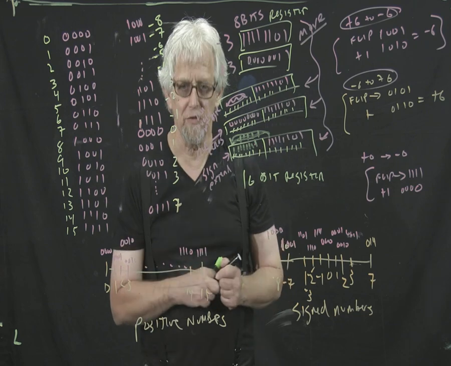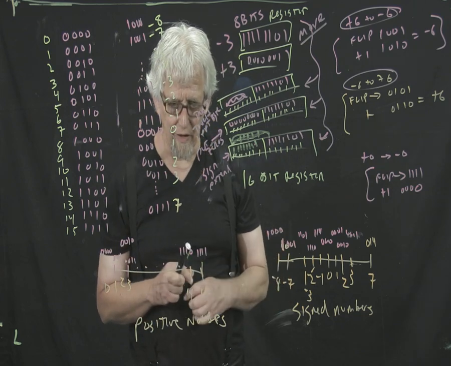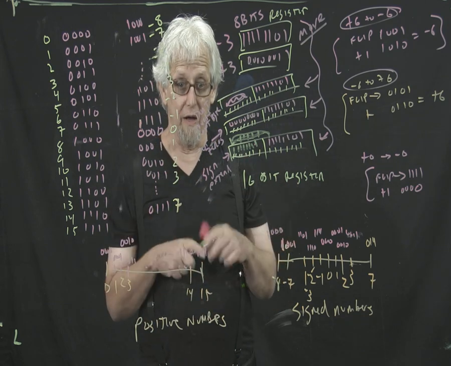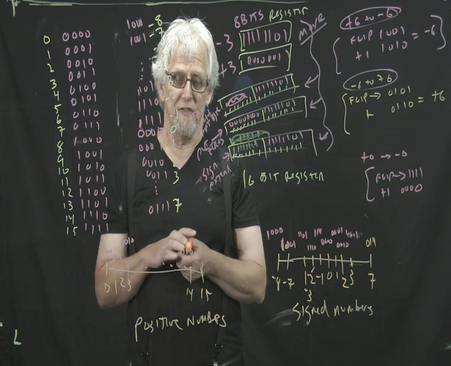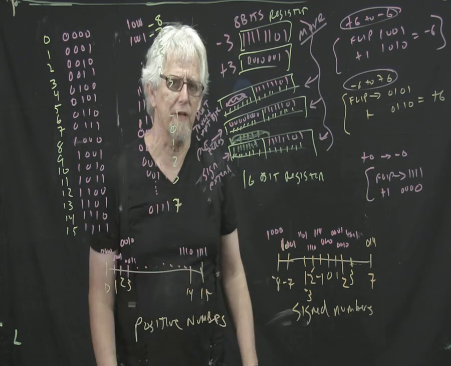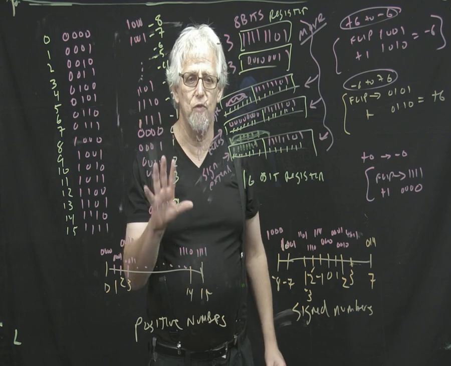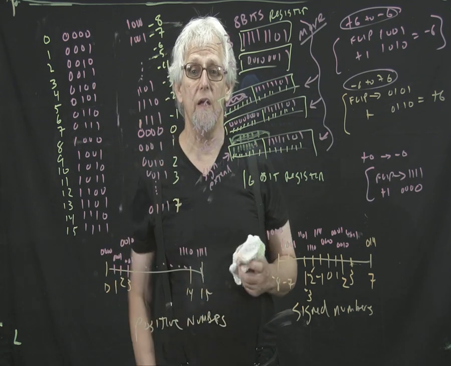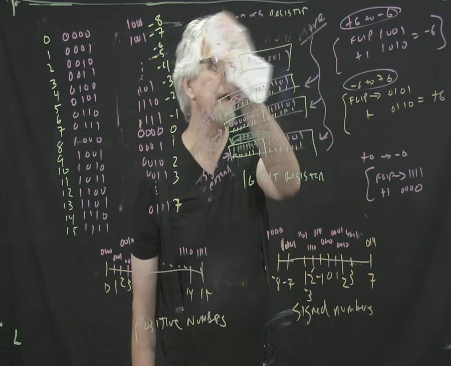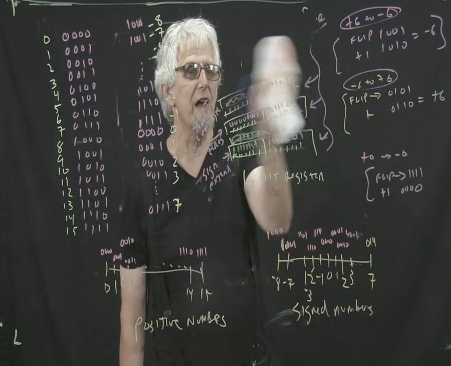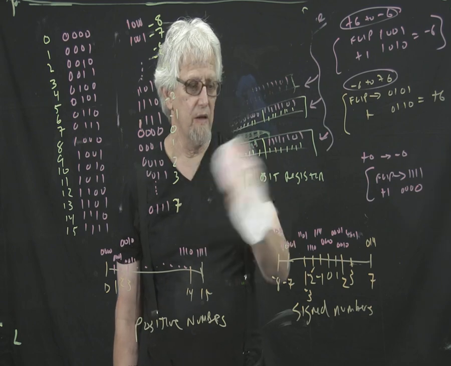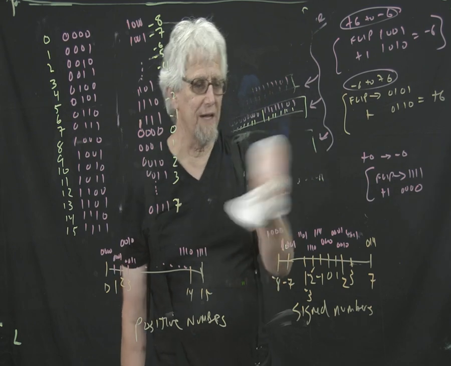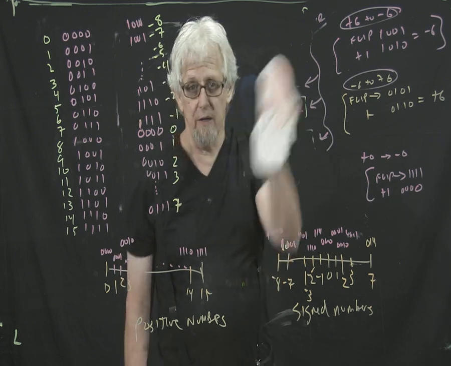Now I mentioned that there was a little bit of a philosophical lesson in this. The philosophical lesson is that it's helpful to think of the numbers, the data that we're dealing with, as just bit patterns. And the interpretation you put on that bit pattern can vary.